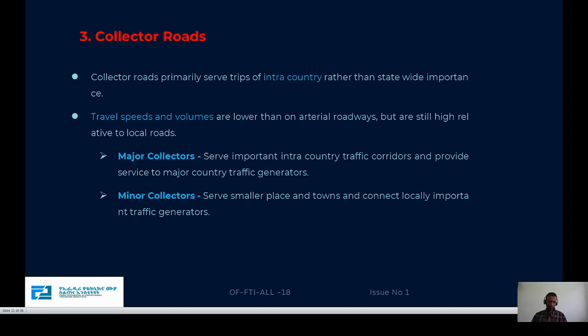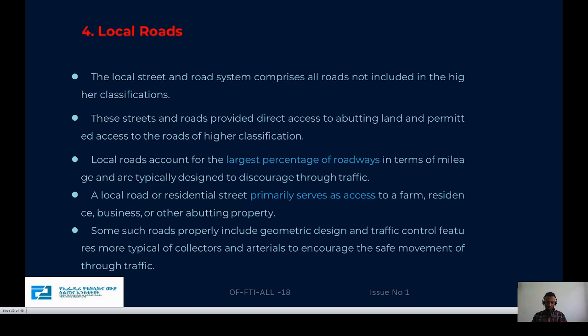There are two types of collector: major collector and minor collector. Major collector serves important intra-county traffic corridors and provides service to the major counties overall.